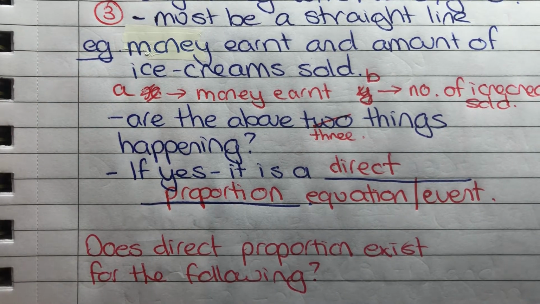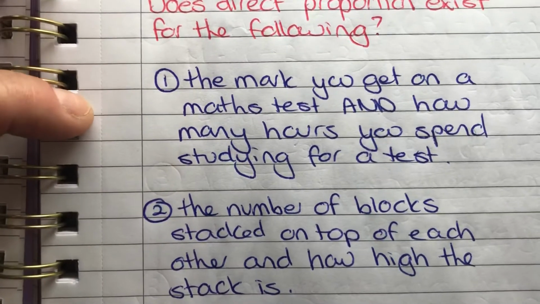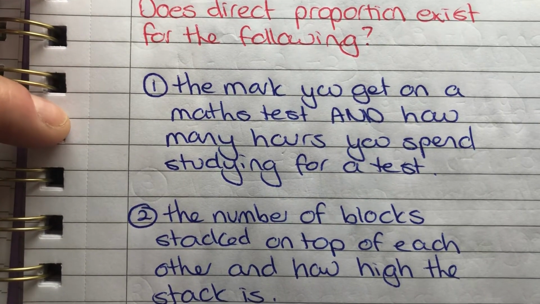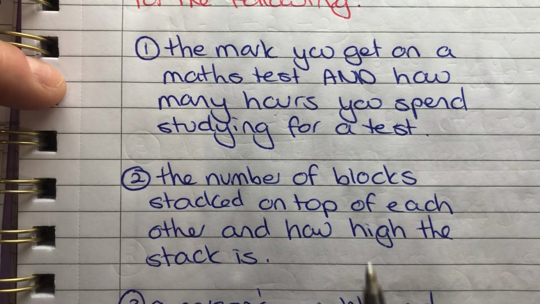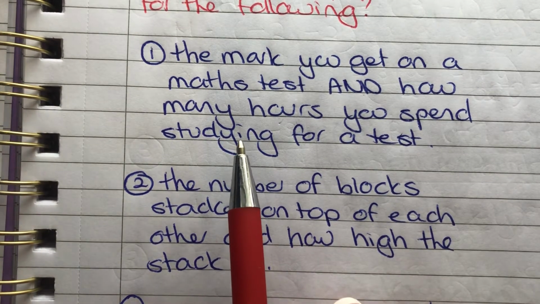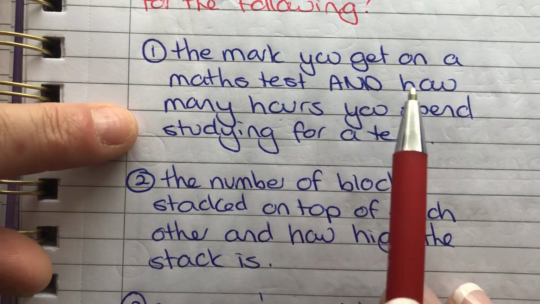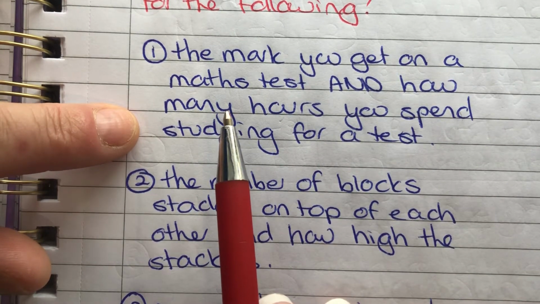All right, so now we're going to have a look at these next few. This is like what you have to do in your questions. Really pretty straightforward. Does direct proportion exist for the following? The mark you get on a maths test and how many hours you spend studying for that test. So if you spend hardly any hours studying, remember this is just likelihood.